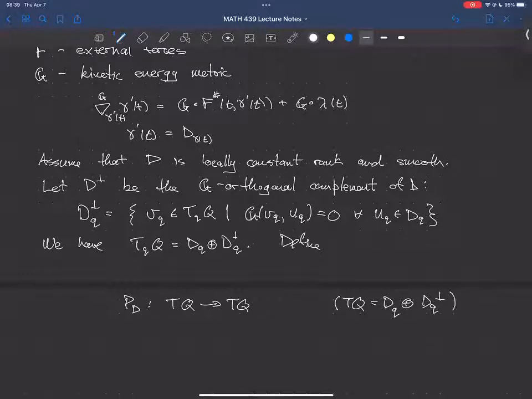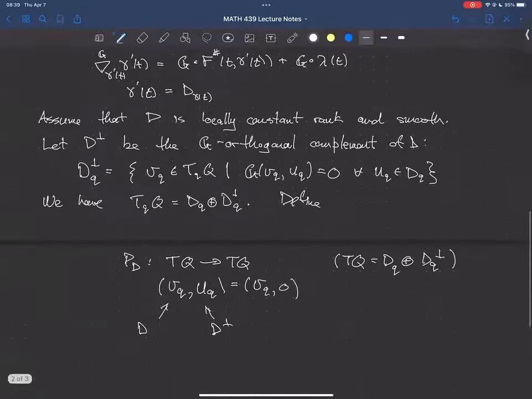Okay, and so when I write this mapping, I'm going to write it as VQ, UQ. Okay, so this one is in D, and this one is in D perp. Okay, and it's just going to be the orthogonal projection onto D, and so you know, this is the orthogonal decomposition in terms of D and its orthogonal complement, and so the orthogonal projection onto D just takes VQ to its D part. Okay, so that's the orthogonal projection.